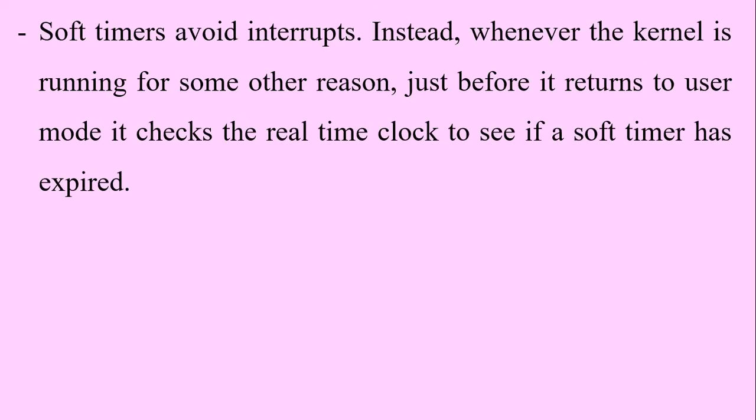Soft timers avoid interrupts. Instead, whenever the kernel is running for some other reason, just before it returns to user mode, it checks the real-time clock to see if a soft timer has expired.